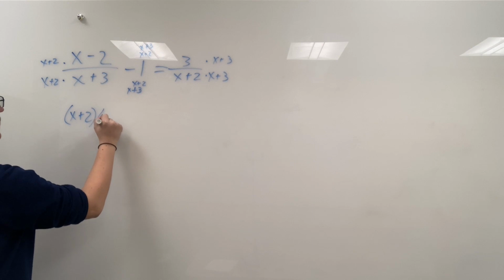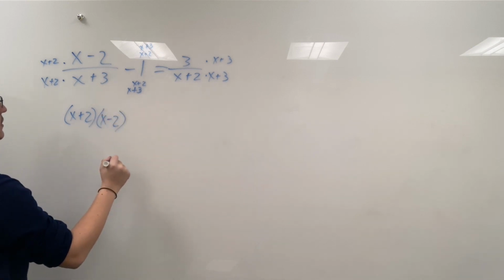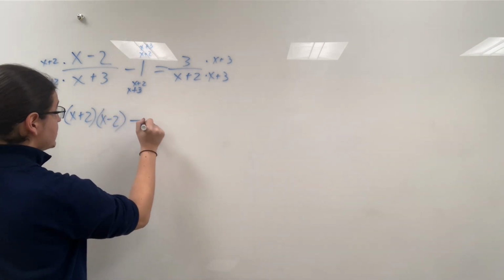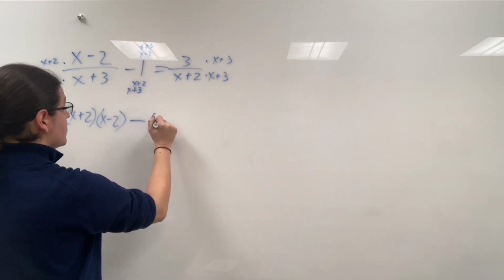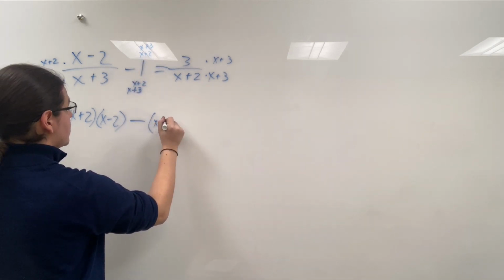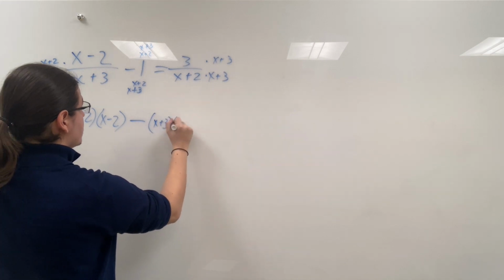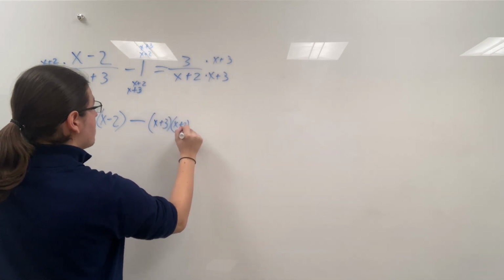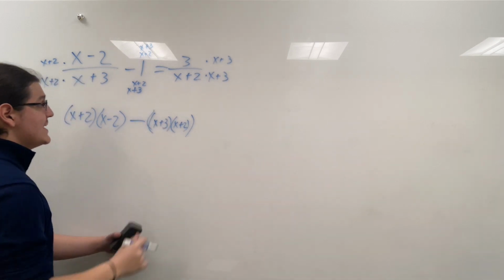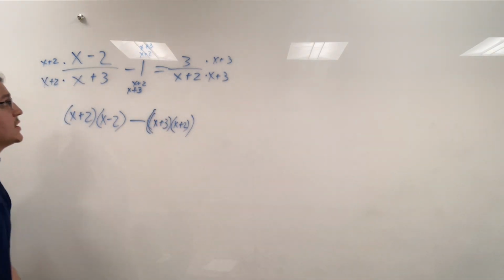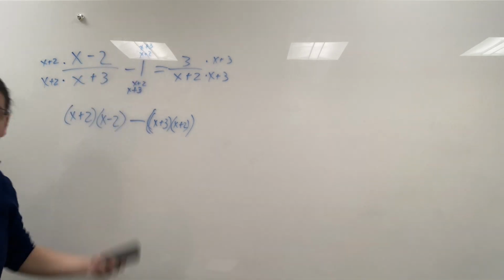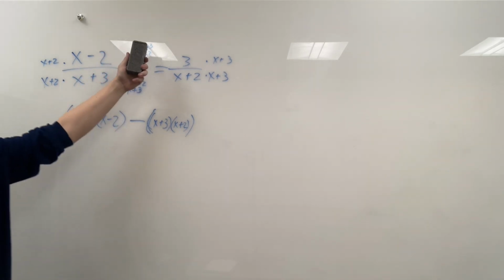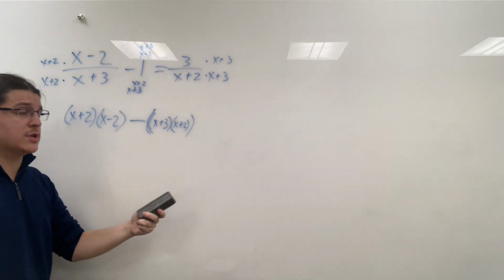X plus 2 times x minus 2 minus this right here, which is going to be x plus 3 times x plus 2. But I'm going to nest that in another set of parentheses because we're subtracting by that entire fraction.